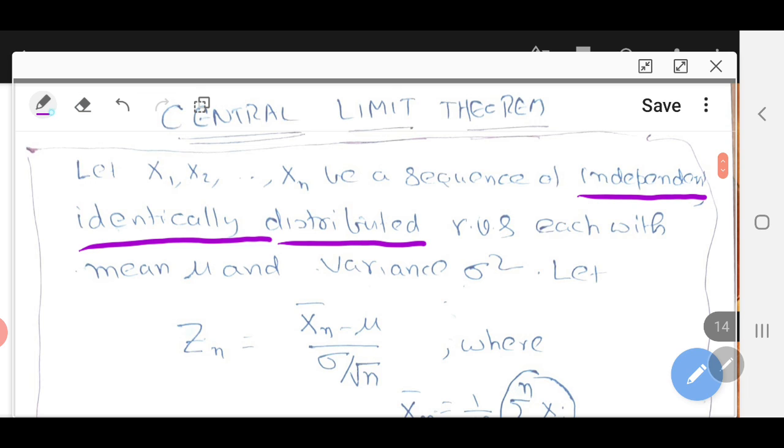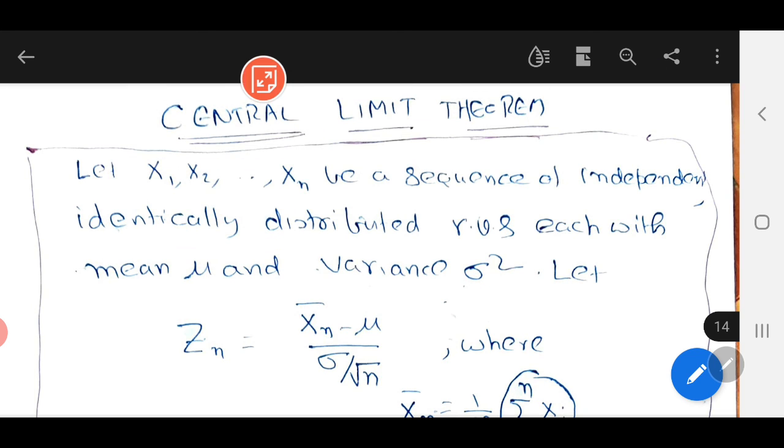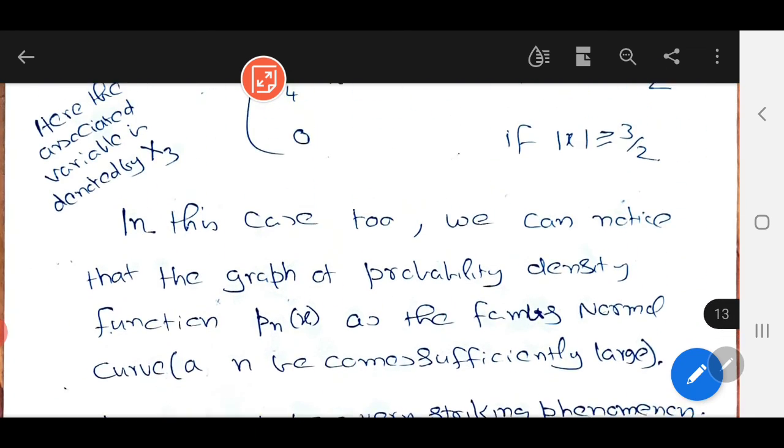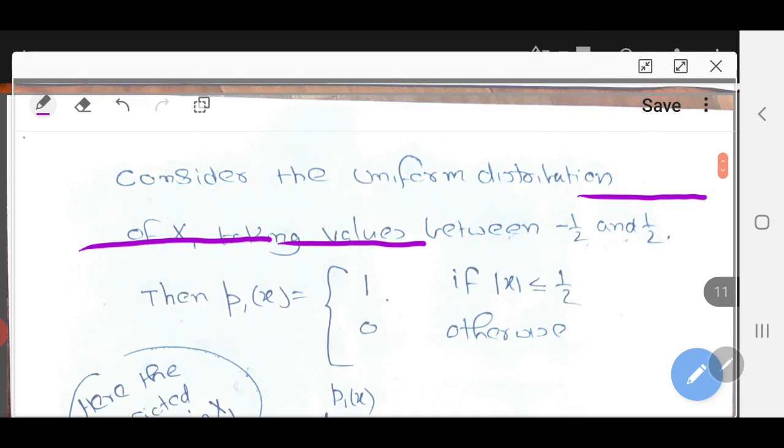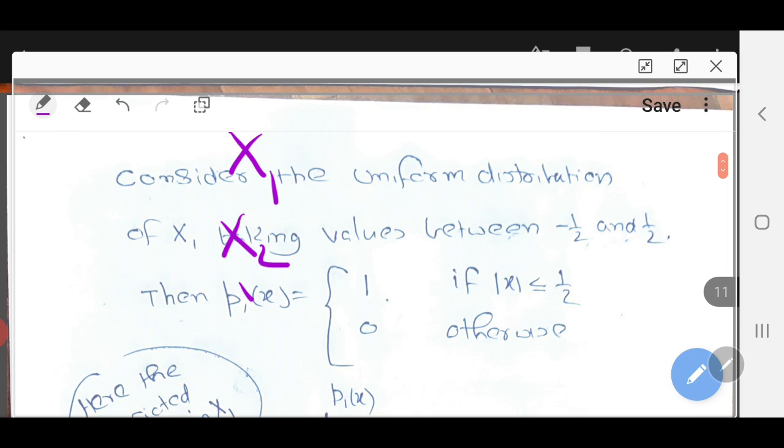But remember, we have considered two examples. One is in the discrete case and the other is in the continuous case. In the discrete case we have generated X1, X2, X3. In the continuous case also we have generated X1, X2, X3. You can see this document.